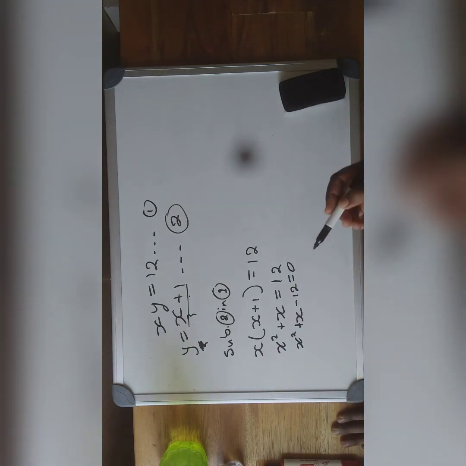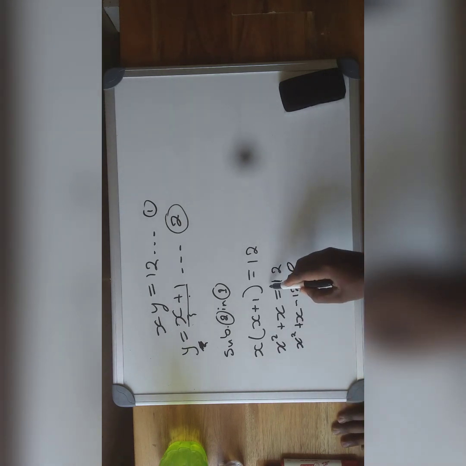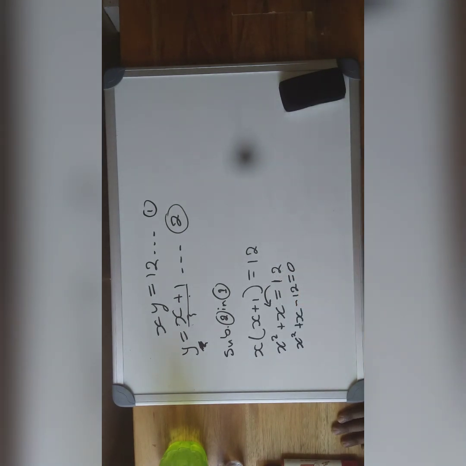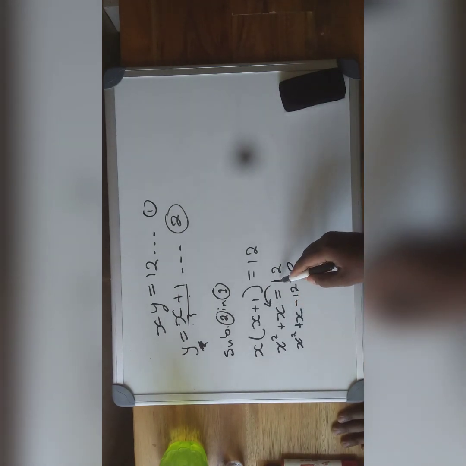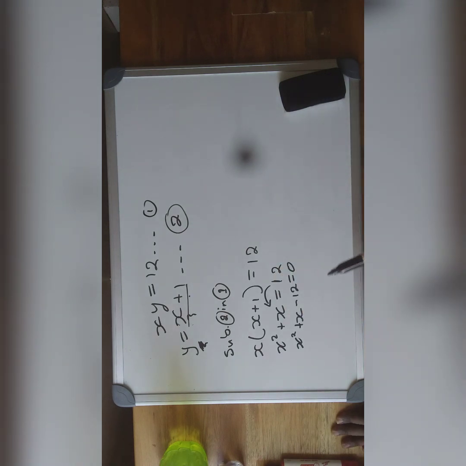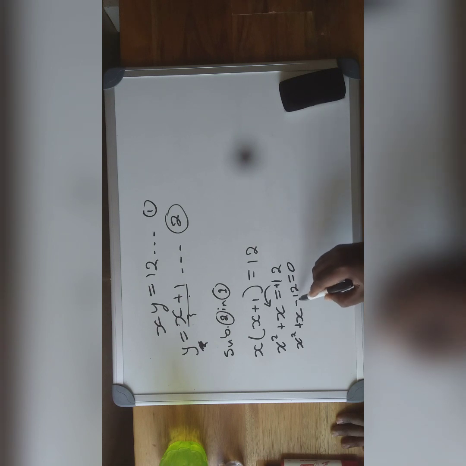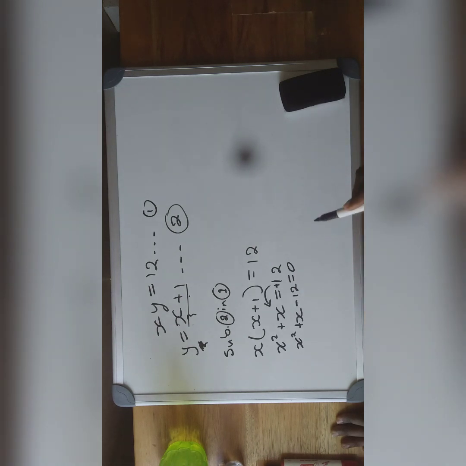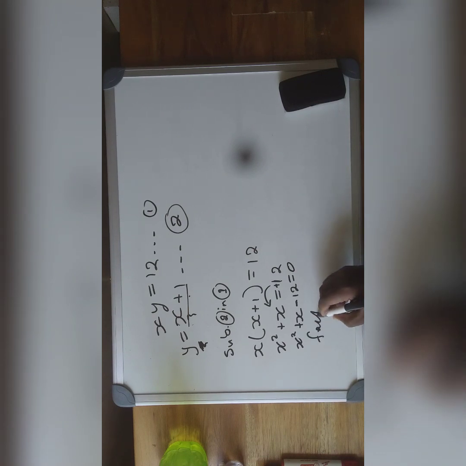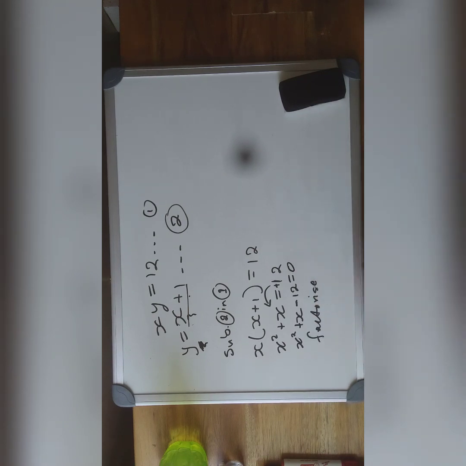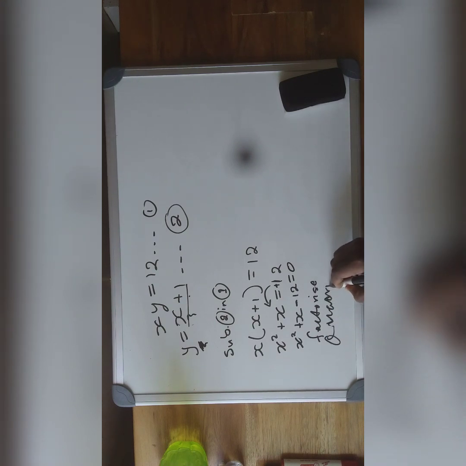We are just doing this because we know that whenever a variable, a number, or a coefficient crosses over the equal sign, it changes its sign. So since it was positive, now it's going to be negative. That's what we know. So from here, you can factorize, or use the what? Quadratic formula.